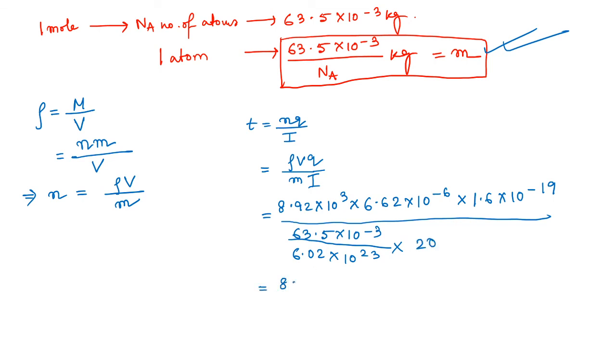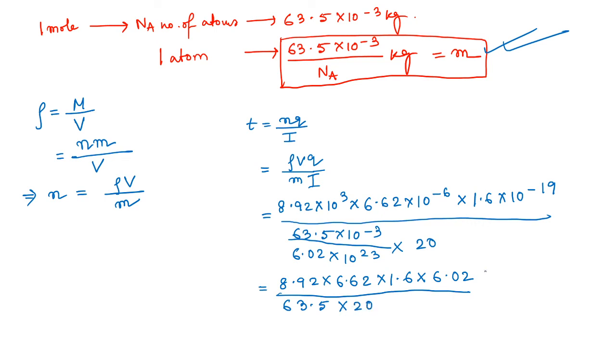So let us simplify it. It is 8.92 into 6.62 into 1.6. This 6.02 is in the denominator of the denominator, right? So it will go up, that is 6.02, divided by 63.5 into 20.